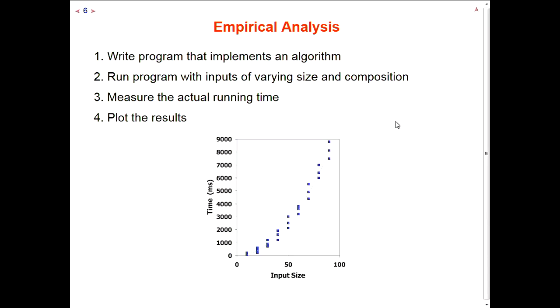This would be an experimental analysis or empirical analysis of your program. And what you might end up with is a plot of dots that you get here, where you have run different problems of the same input size and just plotted the actual runtime, which you can measure, for example, in milliseconds. And then the typical observation that you would make is that the larger the input gets, the longer it takes to execute that program.